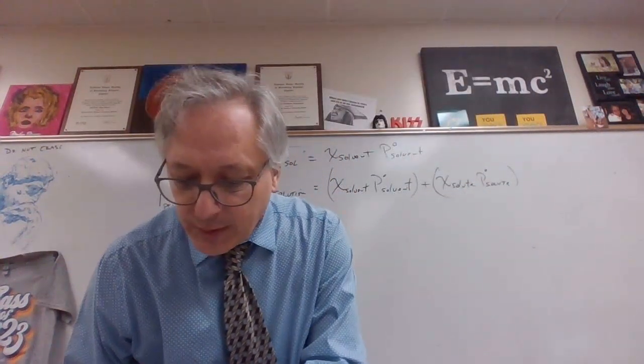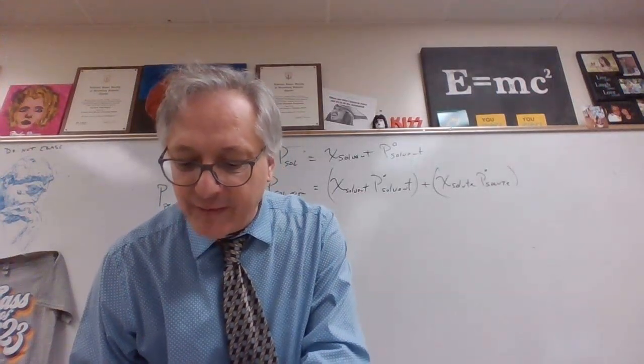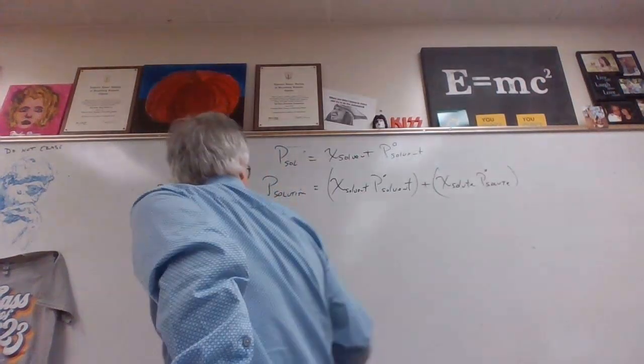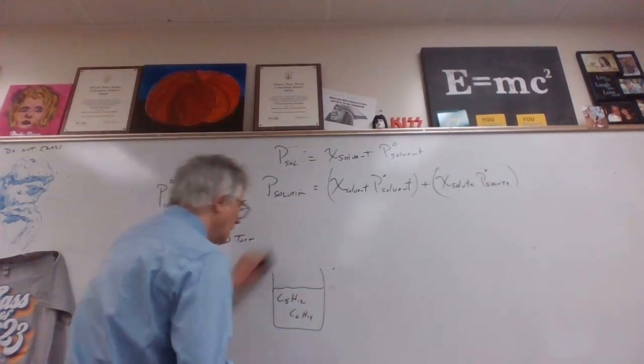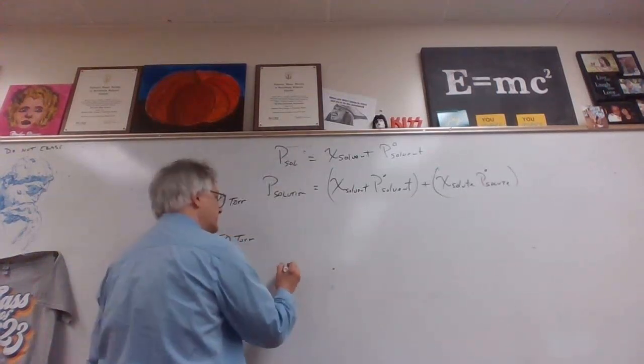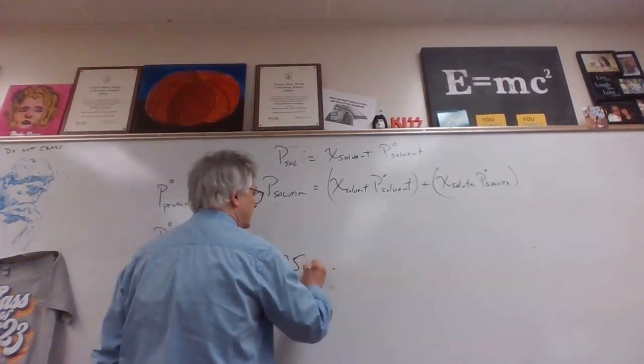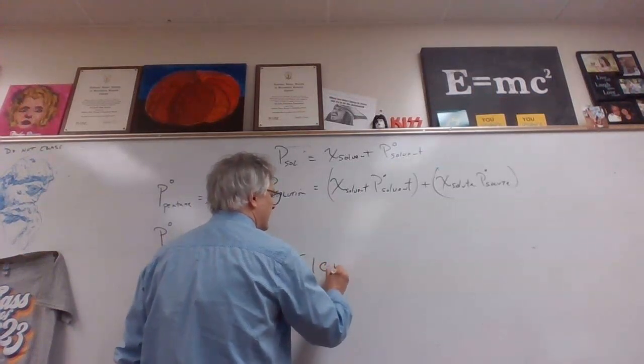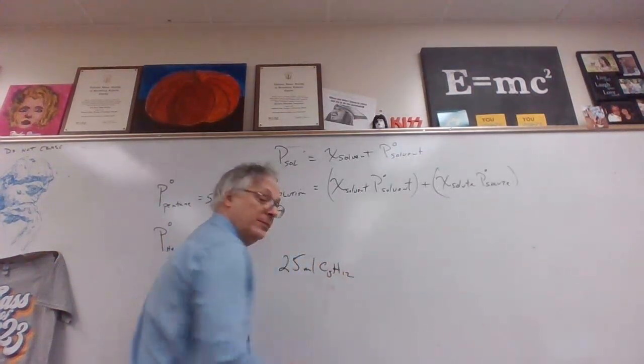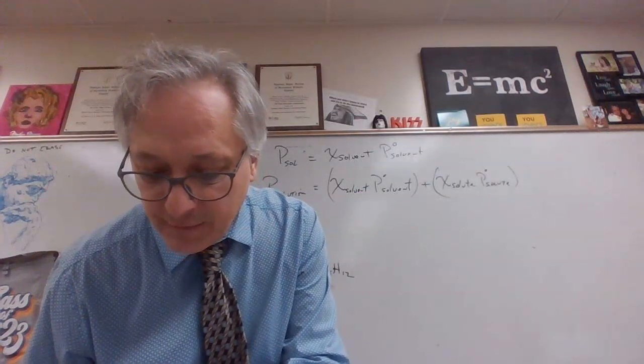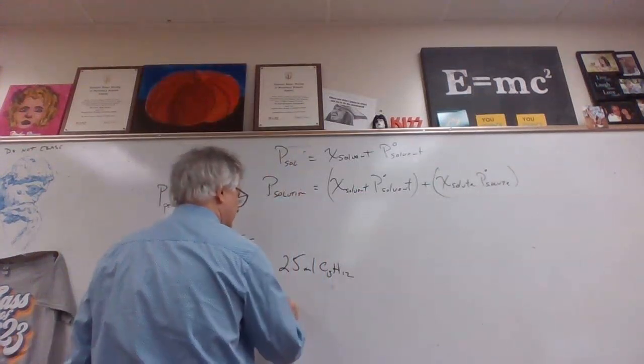Let's take a look here. It says we're mixing 25 milliliters of pentane. Milliliters doesn't do us any good. 25 milliliters C5H12, and we're mixing that with 45 milliliters of hexane.